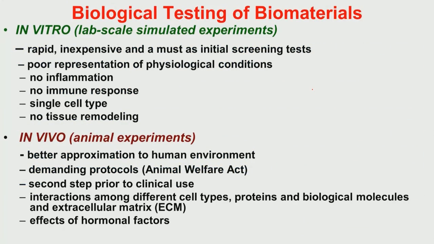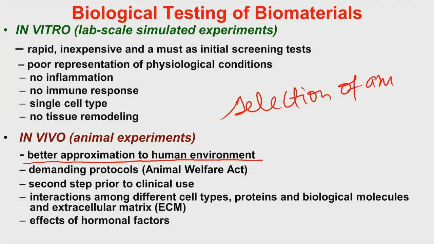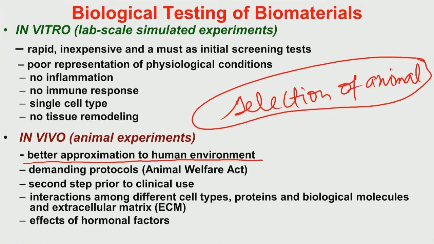Okay. So, I hope I have explained in a little more detail how you can choose the animal model. Selection of the animal model is very important, and one has to find out what the typical bone structure of that animal is, and how close its bone composition or microstructure is to that of natural human bone. The second is the demanding protocol.